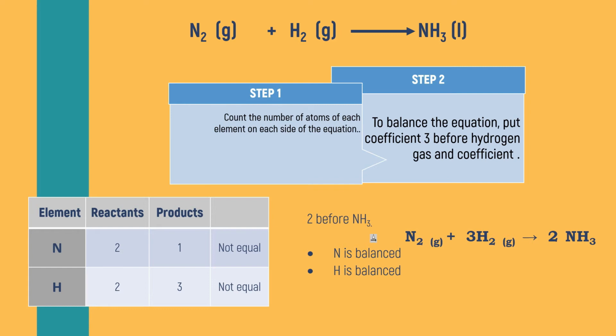On the product side, you have 2 atoms of nitrogen. For the hydrogen gas, 3 times 2, so you have 6 atoms of hydrogen. And then for the product side, 2 times 3, so you have also 6 hydrogen atoms. So nitrogen is balanced, hydrogen is balanced, your equation is now balanced.